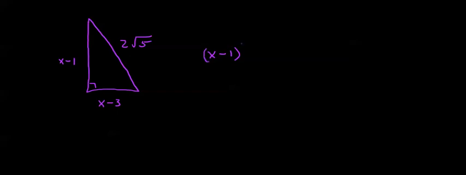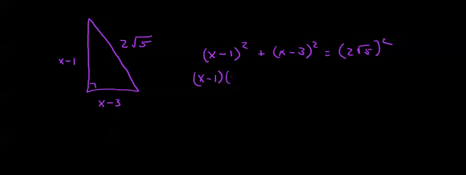So to set up the equation and show every step, it's so easy to make a mistake. x minus 1 squared plus x minus 3 squared equals 2 square root of 5 squared. x minus 1 squared means x minus 1 times x minus 1. Show this step.